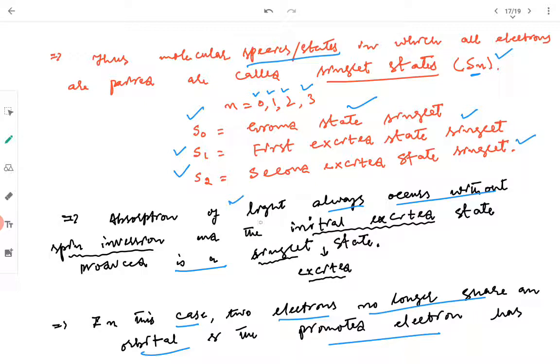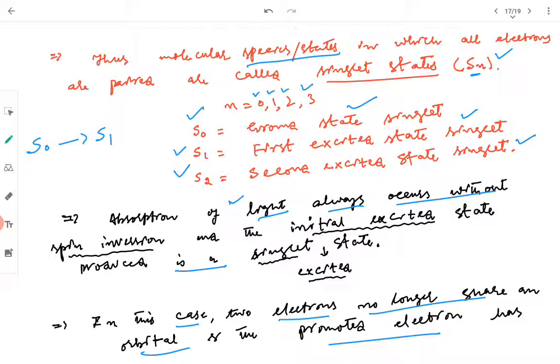And absorption of light always occurs without spin inversion. So this is what I said in an earlier slide, that initial absorption of light occurs without spin inversion. It means a molecule initially goes from S0 to S1. It doesn't go from S0 to T1.